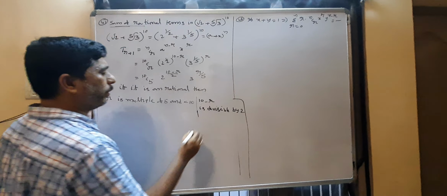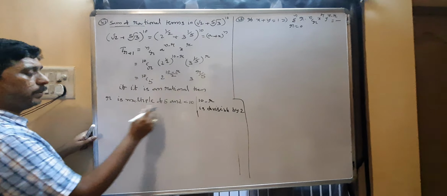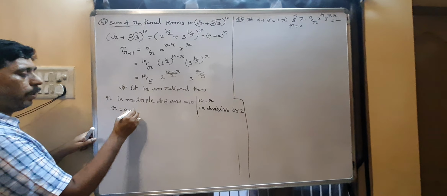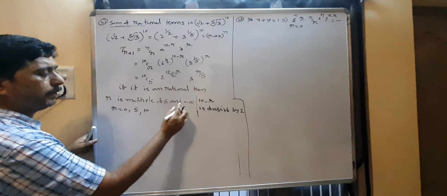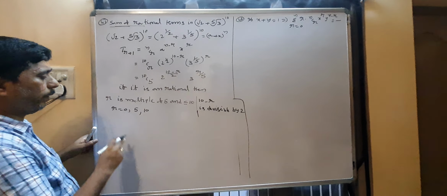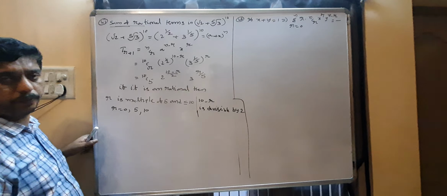A multiple of 5 not more than 10: that is r equal to 0, 5, or 10.